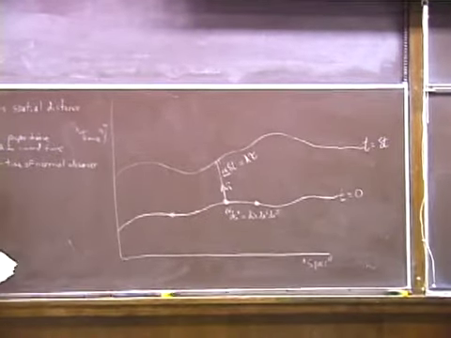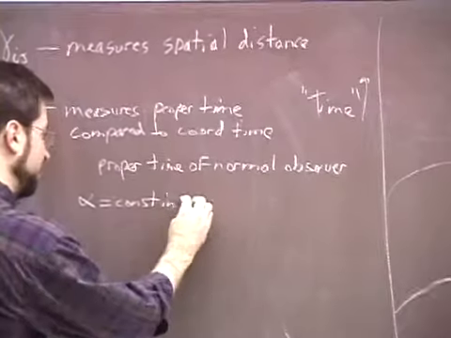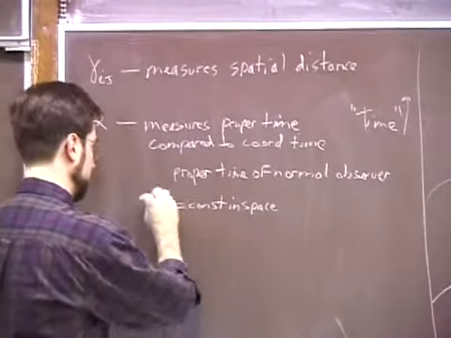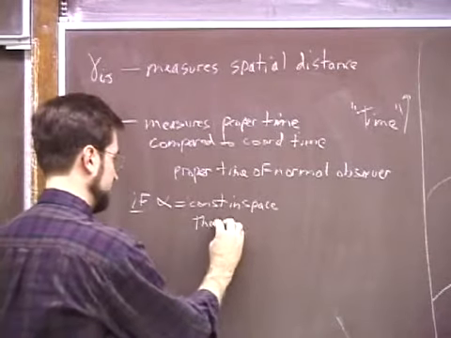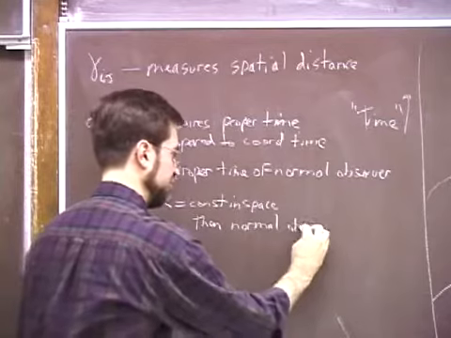And let me just note that if alpha is constant in space, then normal observers move on geodesics.